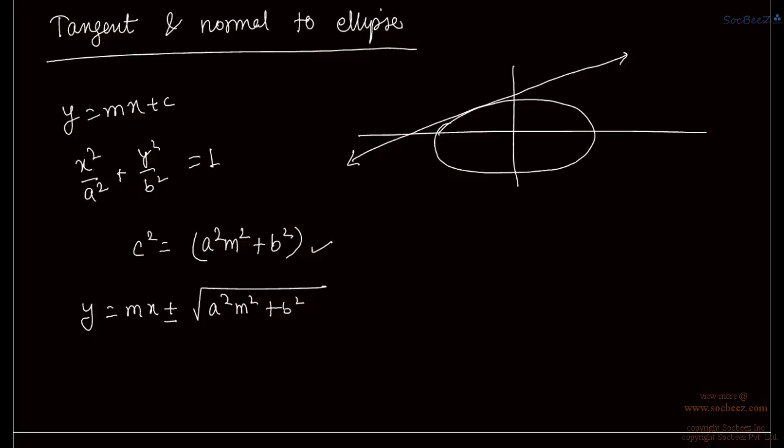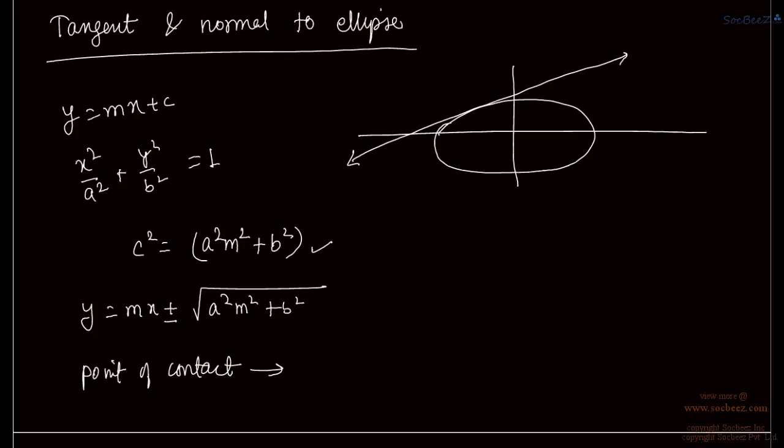we will get only one point of intersection. And the point of contact is found by solving that quadratic equation and getting its roots.